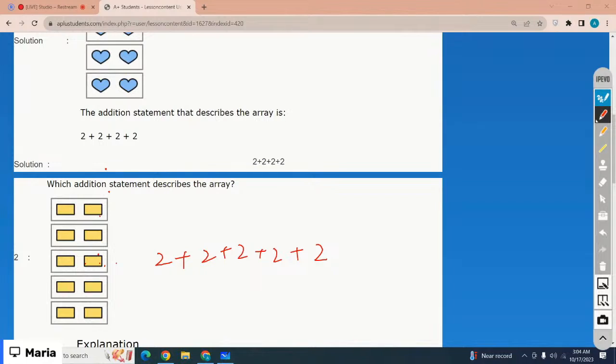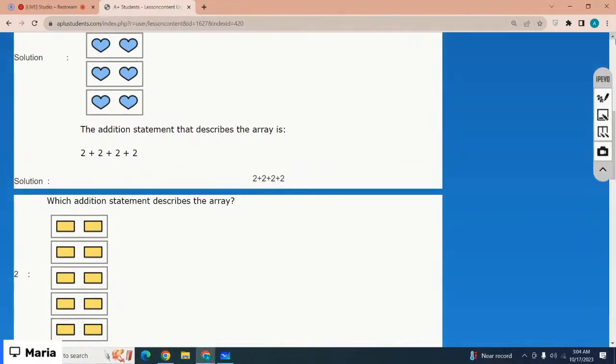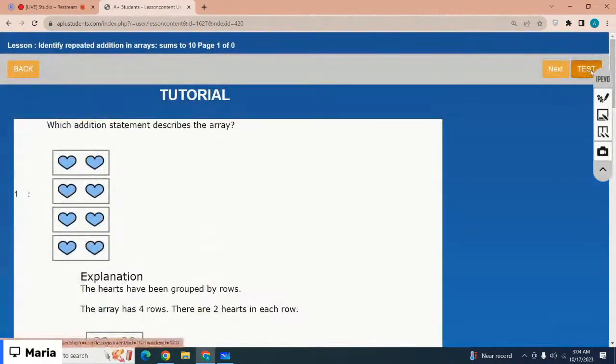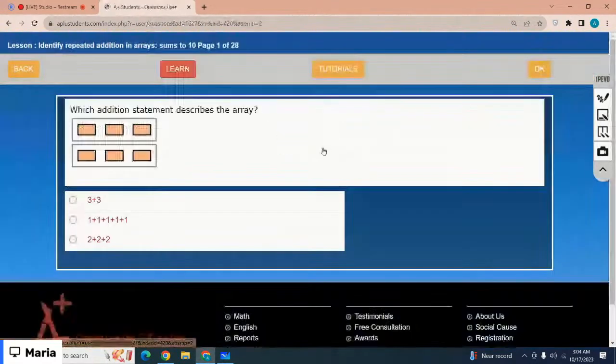Let's just start with the practice questions. Which addition statement describes the array? Which is the correct option?